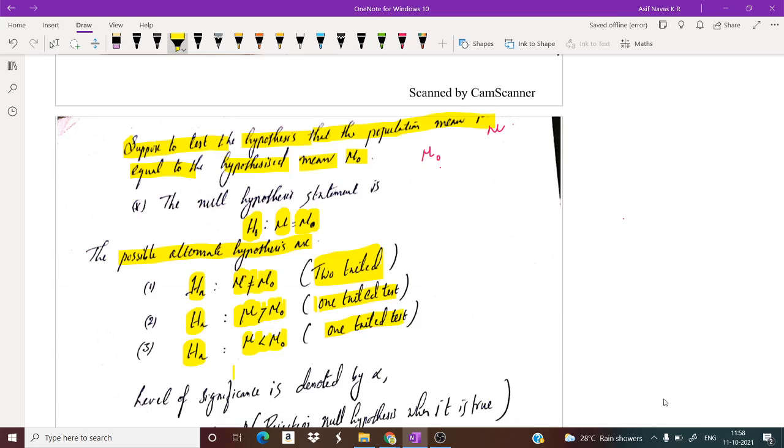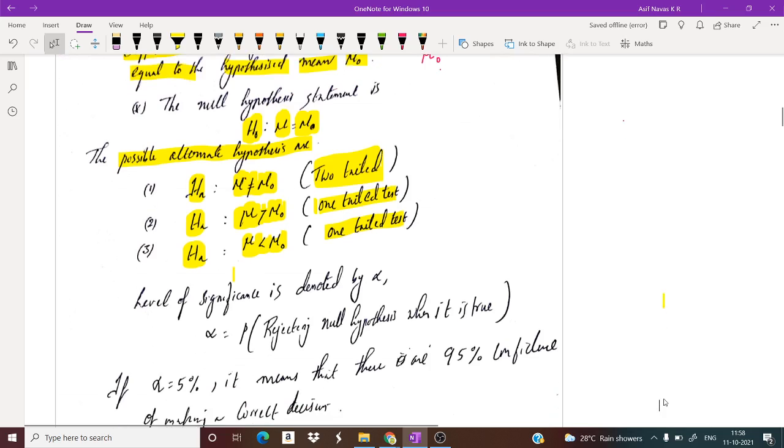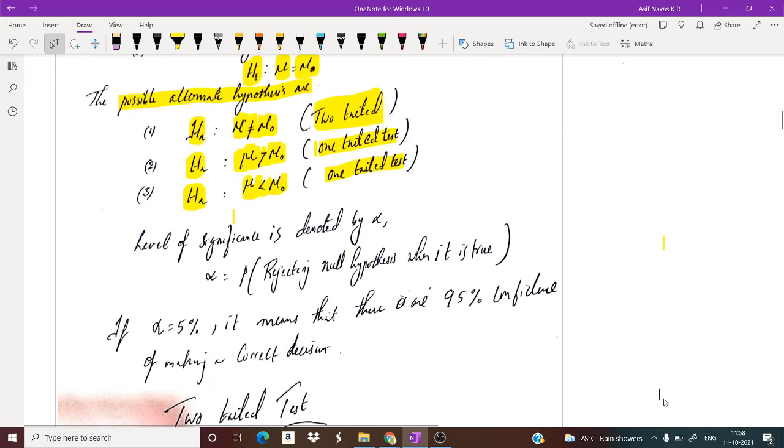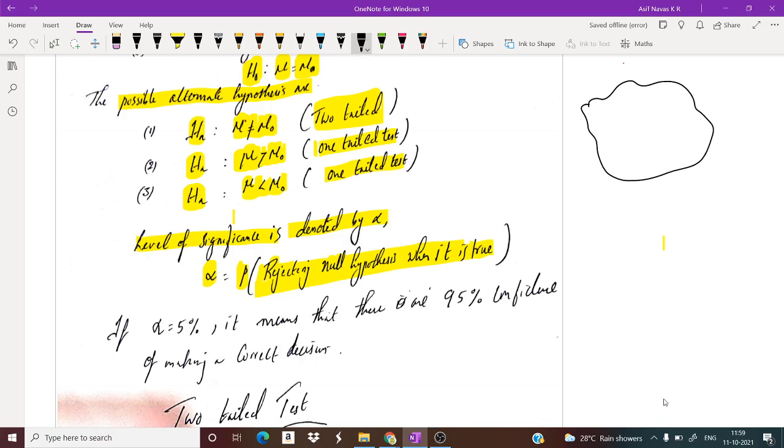Now I will discuss what is level of significance. The level of significance is denoted by alpha. Alpha is the probability of rejecting the null hypothesis when it is true. That probability is called the significance level. Suppose this is our population.